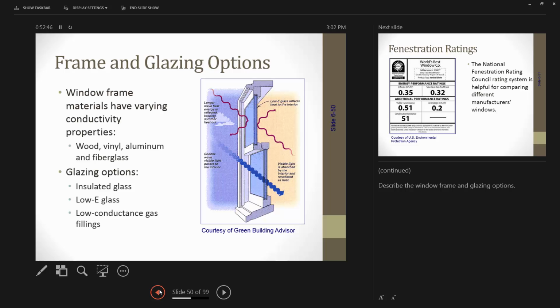So all low E is a coating. They put it on windows. Usually it's in between the panes of windows, and depending on, for example, here in our climate, we'll put it on S3, which is, if you start from the outside, they go S1, 2, 3, 4 in a double pane window.